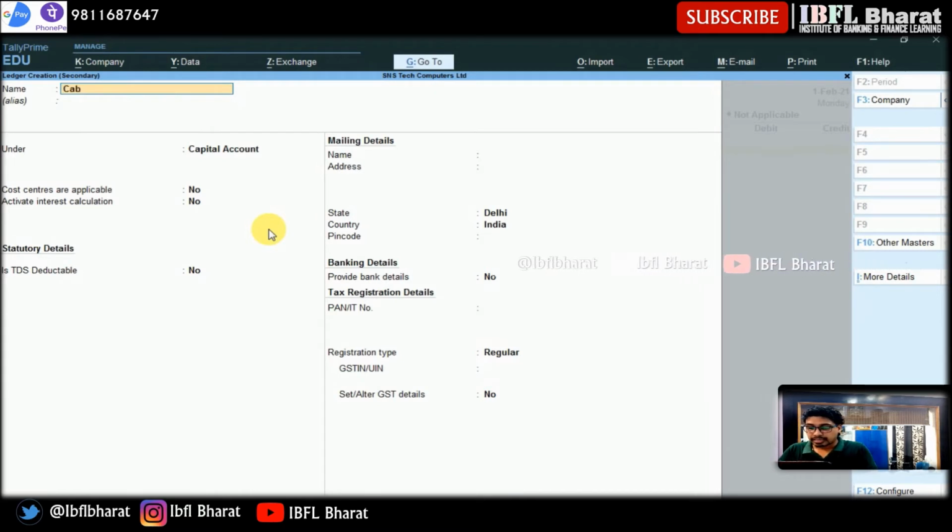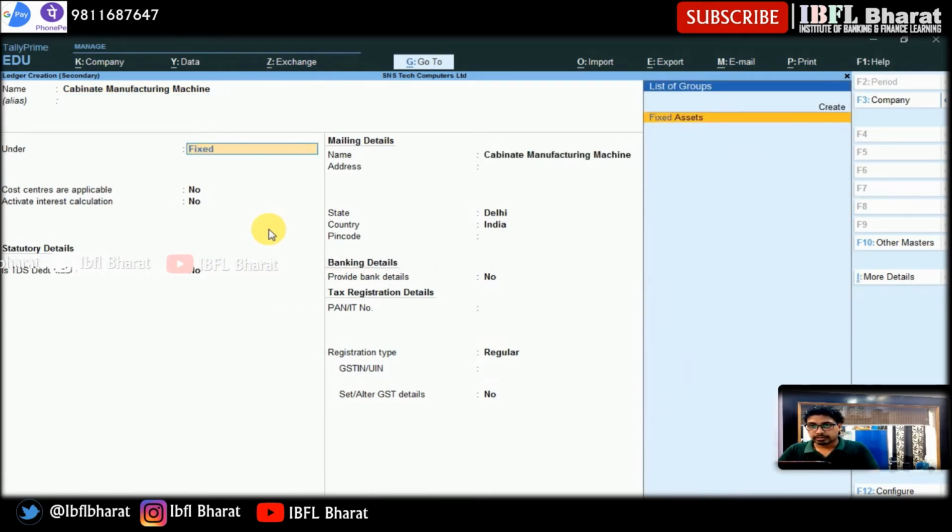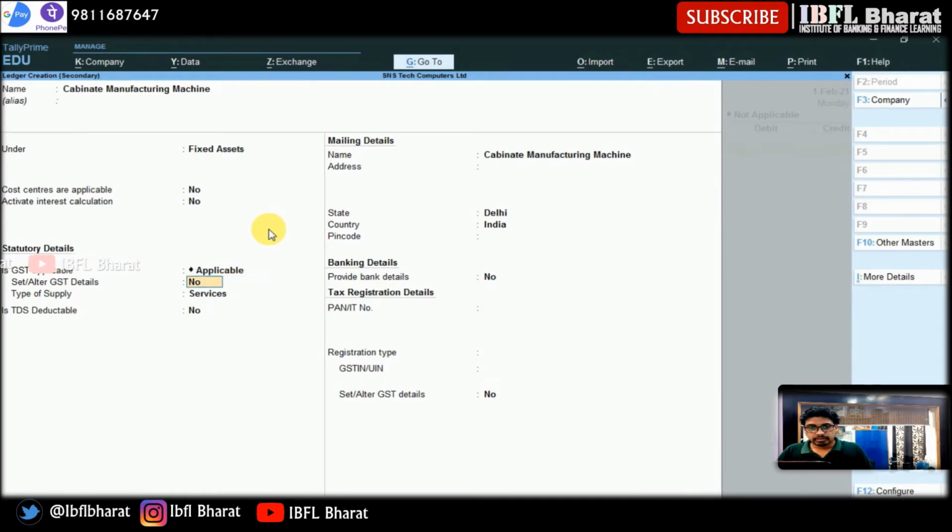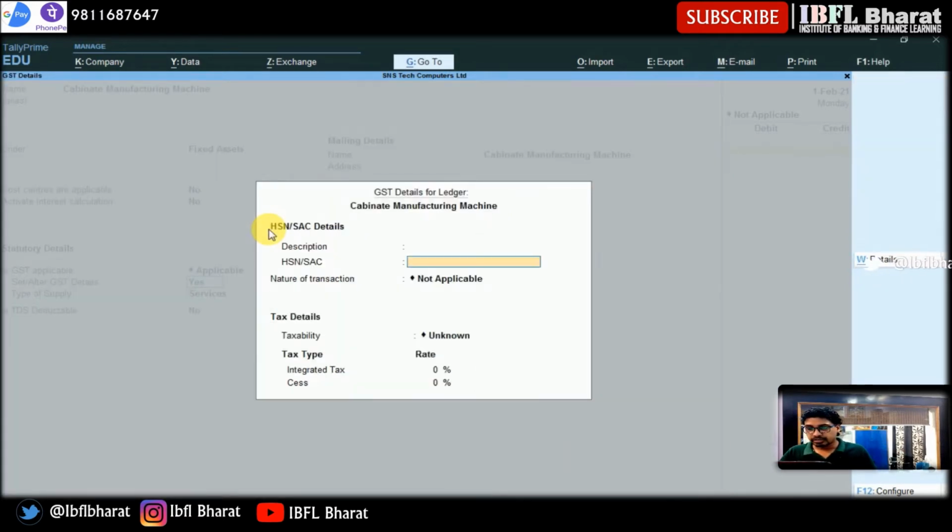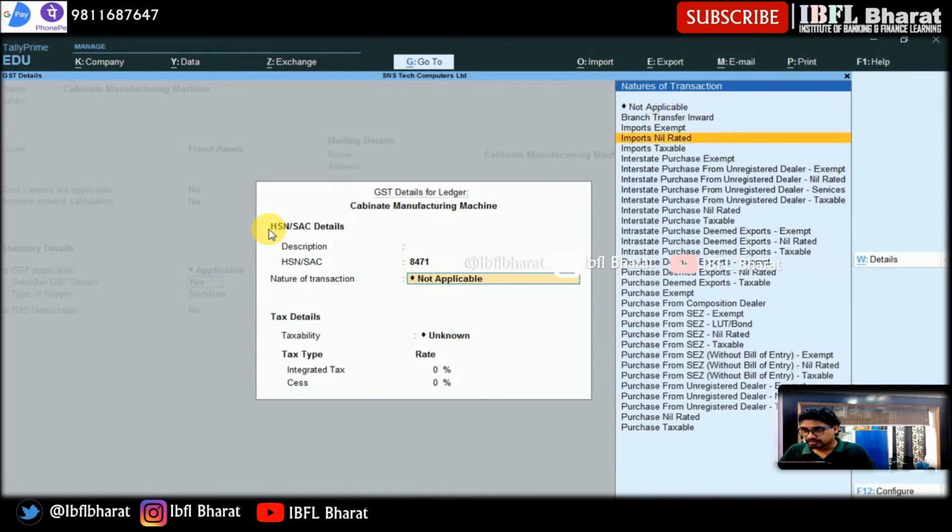So we are making ledger cabinet manufacturing machine here, and we are taking it in fixed assets. There is a GST applicable 18%, and as it is a cabinet manufacturing machine, it is also coming under 18%, so we are taking HSN 8471, and here it is purchase taxable.